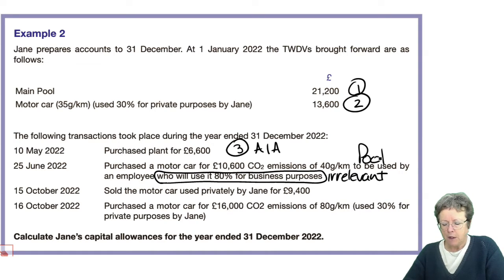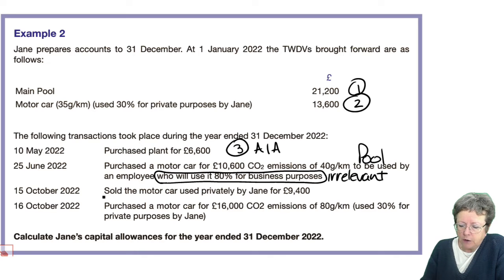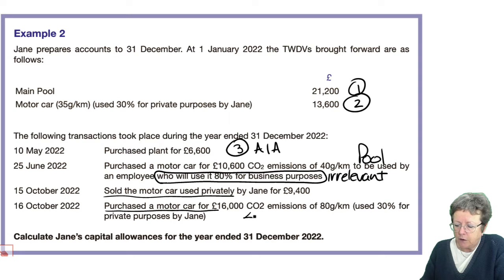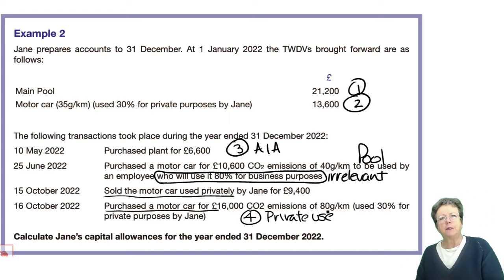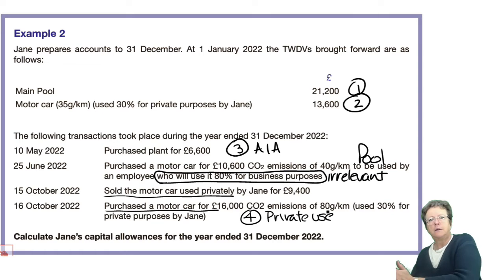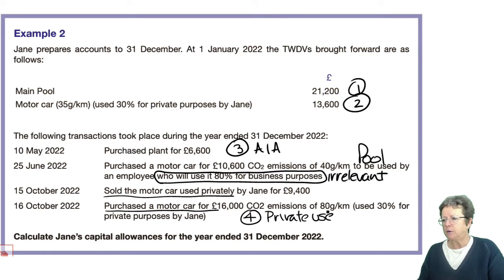Okay. Then she sold her car and bought a new one. So we need another column for the private use car. One of the things when you're doing capital allowances is to work out how many columns you're going to need. So shall we have a look at what the answer looks like?